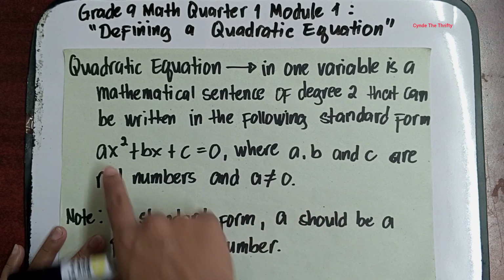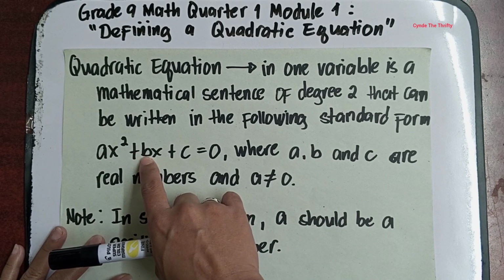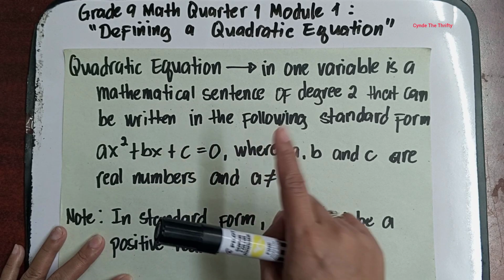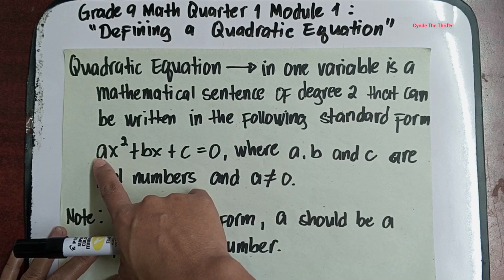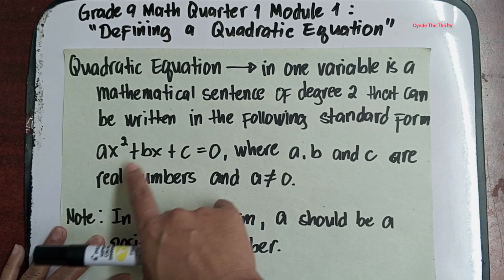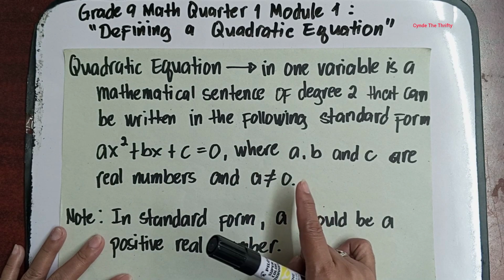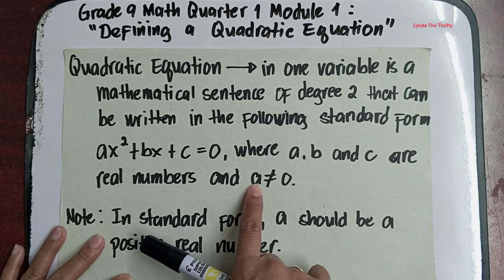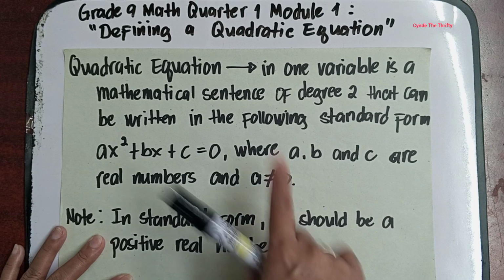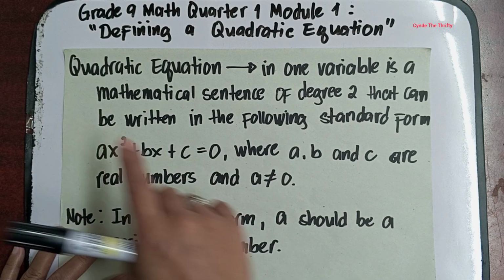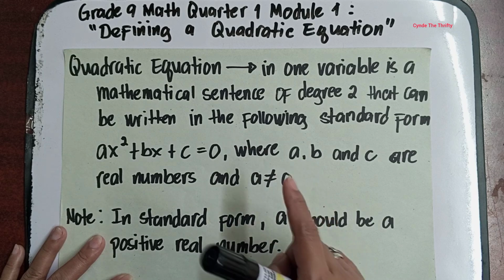Kung saan itong si a, si b, at si c are real numbers. Itong mga variables natin dito, si a, si b, at si c are real numbers. Okay? And take note na si a should not be equal to 0. Okay? Ang value ng a mo dapat hindi siya equal to 0.